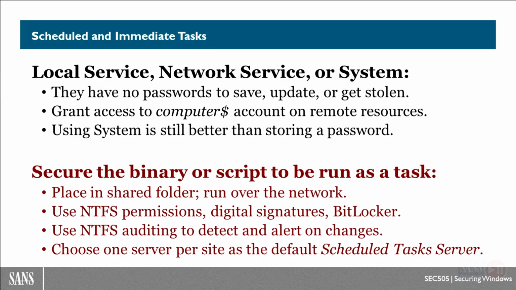Most likely, my computer account is not a member of the administrators group. However, it is a member of the authenticated users group. Now, despite the name, the authenticated users group includes both user accounts and computer accounts.